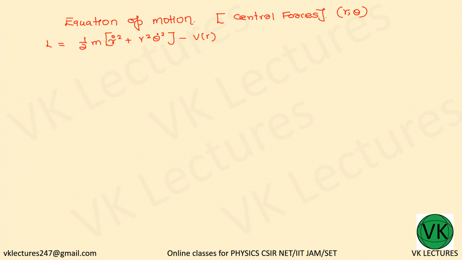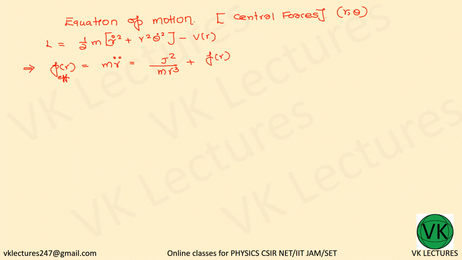Now according to the formula that we have already done, the force m r double dot is equal to j square by m r cube plus F of r. This is F effective.